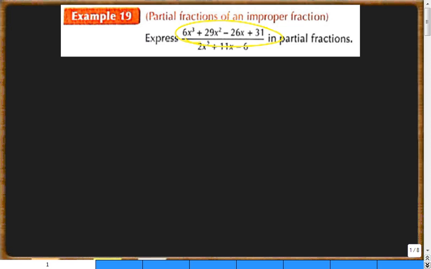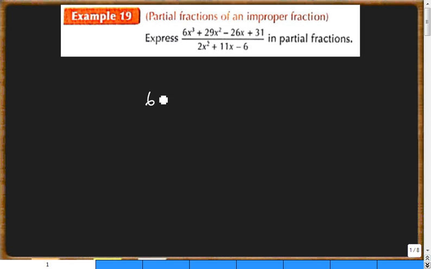In this case, we can find a part of this expression by division, because we should end up with some sort of term first. So what we're going to do to start is divide these.